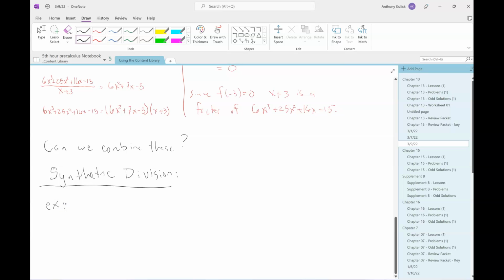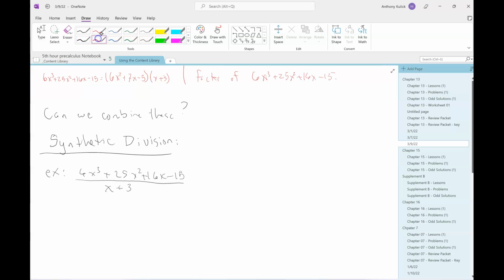So let's do the same situation where we ask 6x cubed plus 25x squared plus 16x minus 15 divided by x plus 3. We're going to do this as synthetic division.